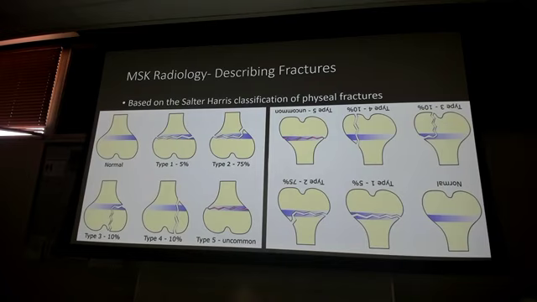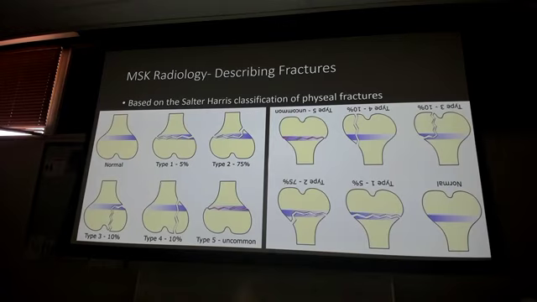Because if it's the bottom part of my femur, it's gonna be like picture 1. If it's the top part of my tibia, it's gonna be like picture 2. But they're still the same, right? It just depends what bone it is and where the issue is. Salter-Harris fractures are fractures of the physes, which means it can only be in what population? Pediatrics.